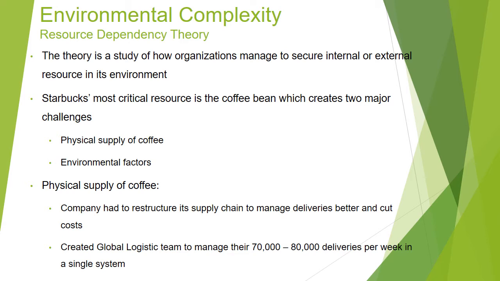Starbucks' most critical resource is the coffee bean, which creates a couple of major challenges for the company. One is the physical supply of coffee, and two is the environment. Back in 2008, due to rapid expansion, the company had lost some focus on its supply chain, resulting in stockouts as well as cost increase due to the expansions.